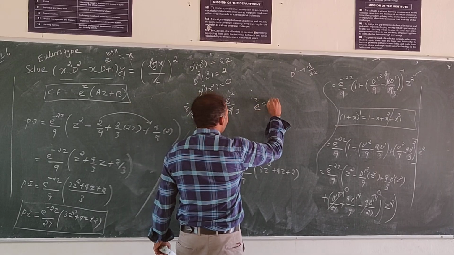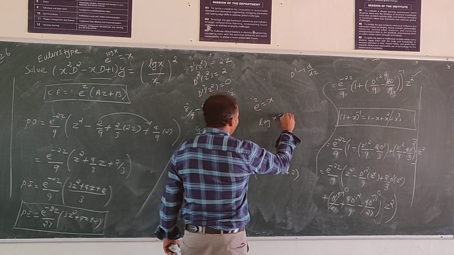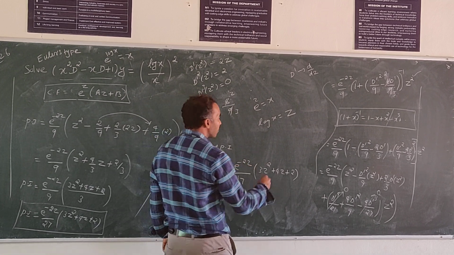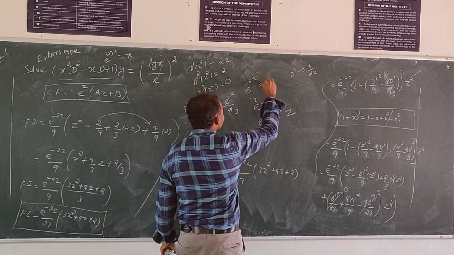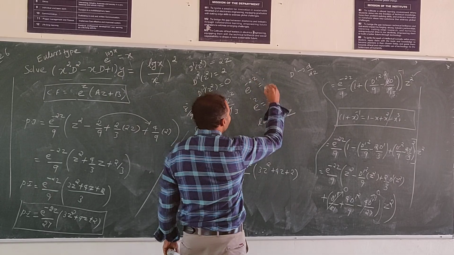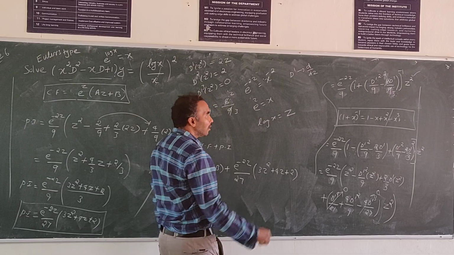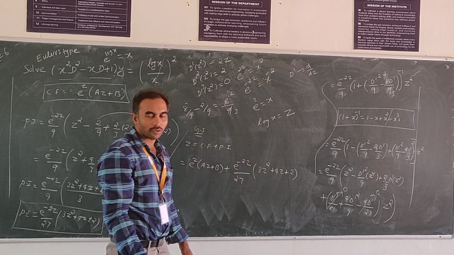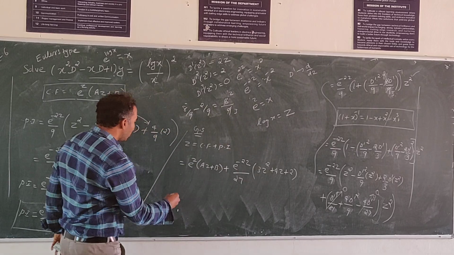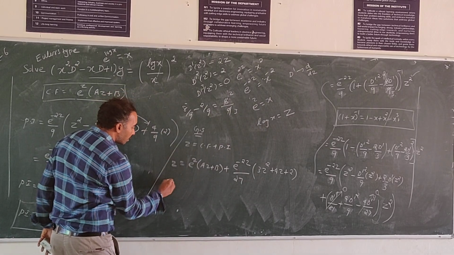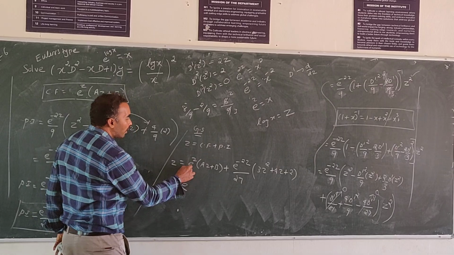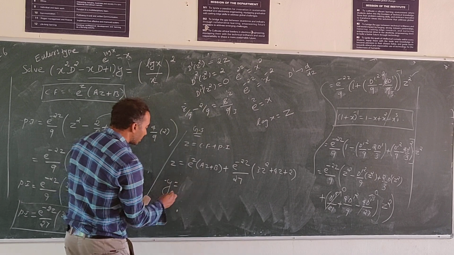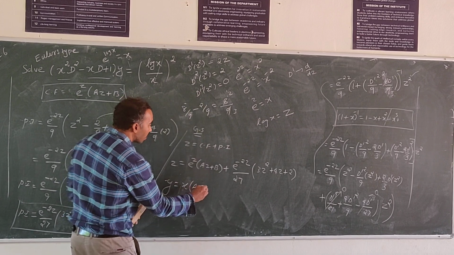Next we have to apply the substitution. e power z equals x, log x equals z. Here e power minus 2z is there. So what about e power minus 2z? x power minus 2. What about e power 2z? x square. e power 2z equals x square. So we have to convert: y equals, what is e power z? x. What is z? log x.